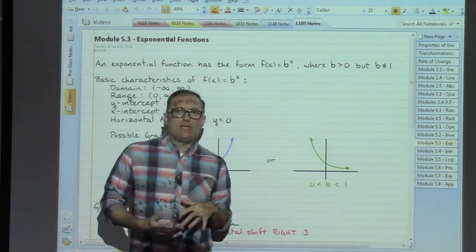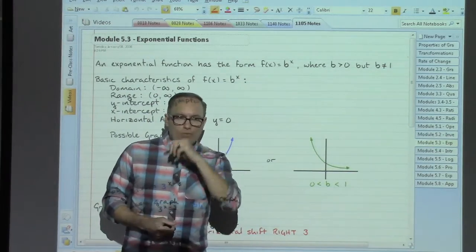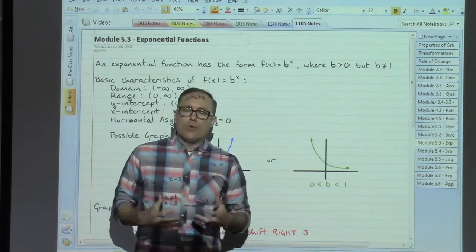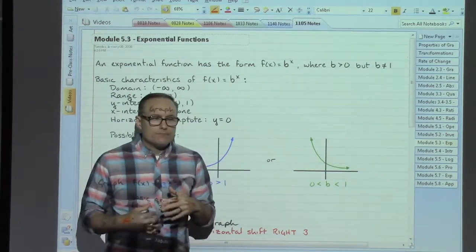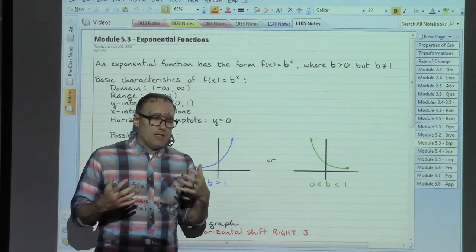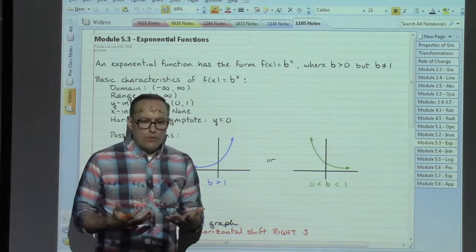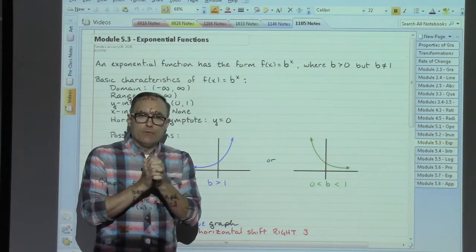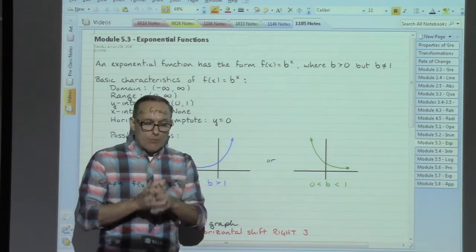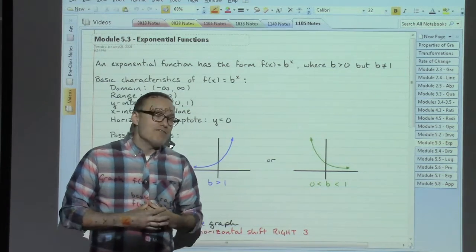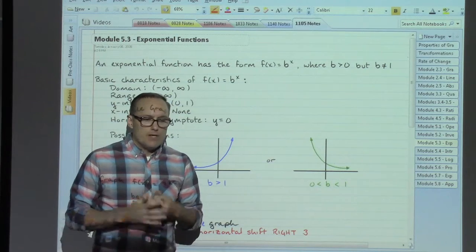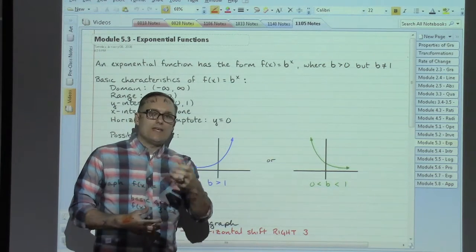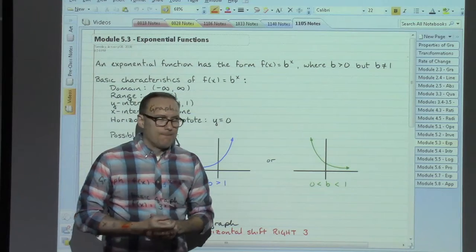We're switching things up from the way that we've seen polynomials being built. What we've seen all the way up till now is we take something as a variable, as an unknown, and we raise it to a fixed power. So take an x, raise it to a power of 3.